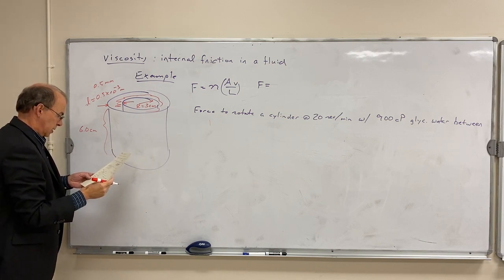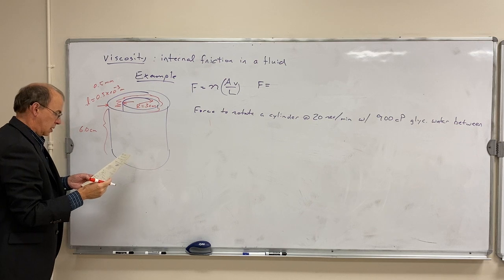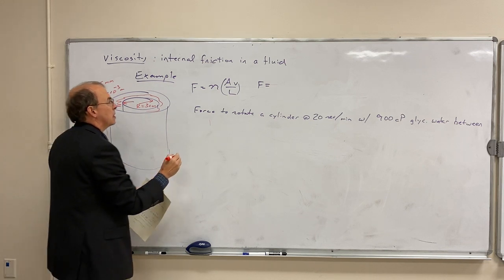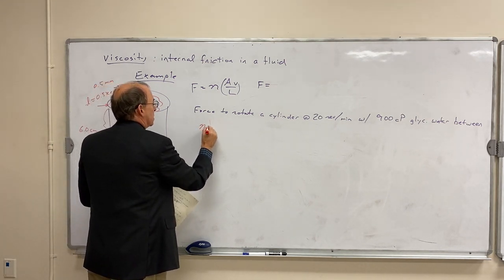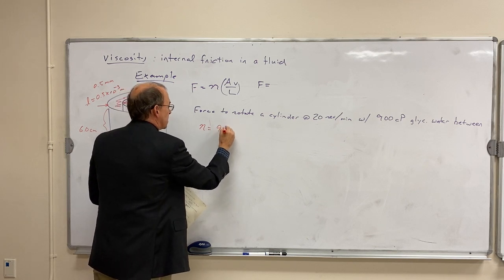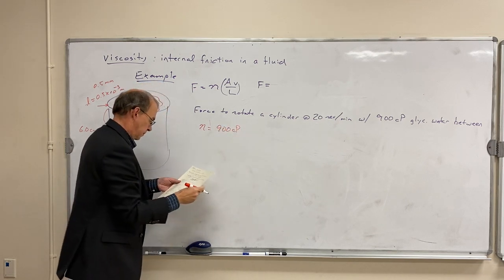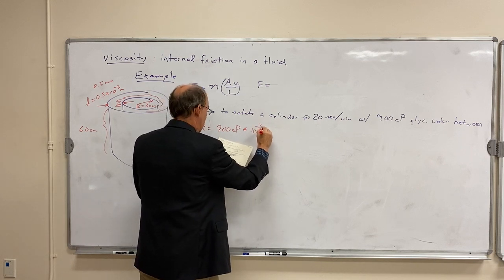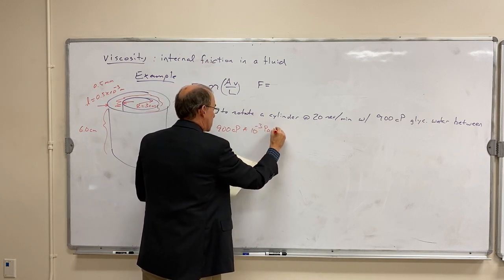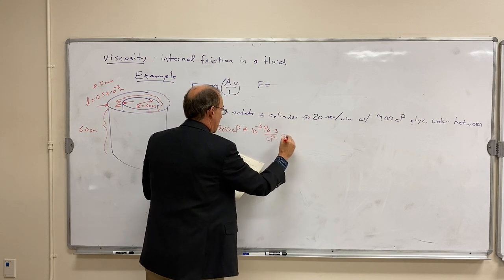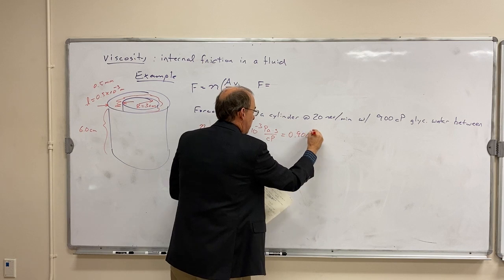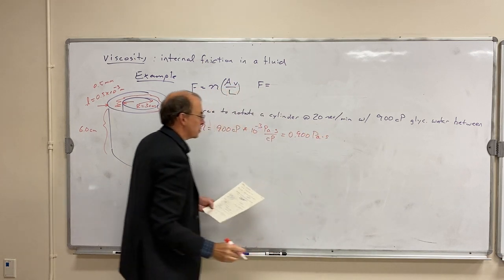I think that's all. So eta is 900 centipoise times 10 to the minus 3 Pascal seconds per centipoise, which will give me 0.9 Pascal seconds, so that our equation works.